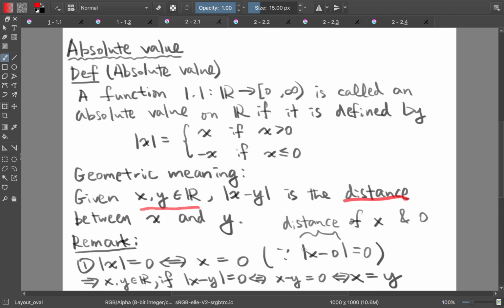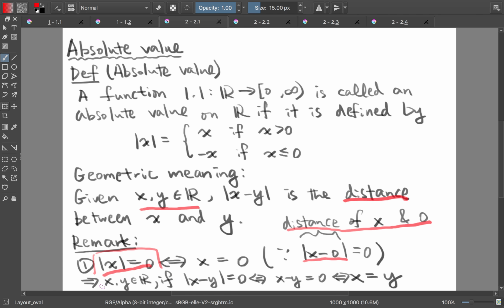The reason is that if we rewrite absolute value of x equal to 0 as absolute value of x minus 0, then we see that this is the distance between x and 0. And what this statement is saying is that the distance between x and 0 is 0. So this is equivalent to saying that x is equal to 0, right?